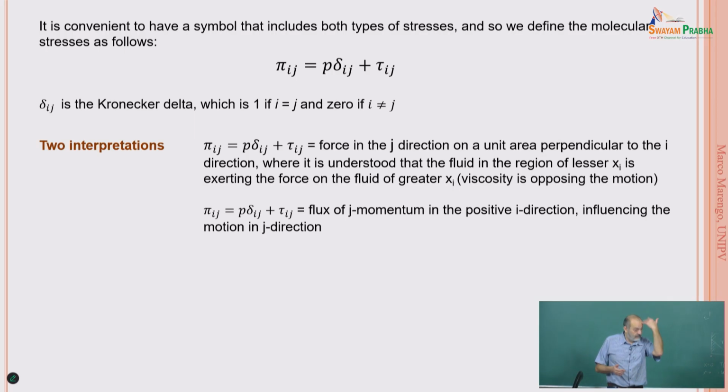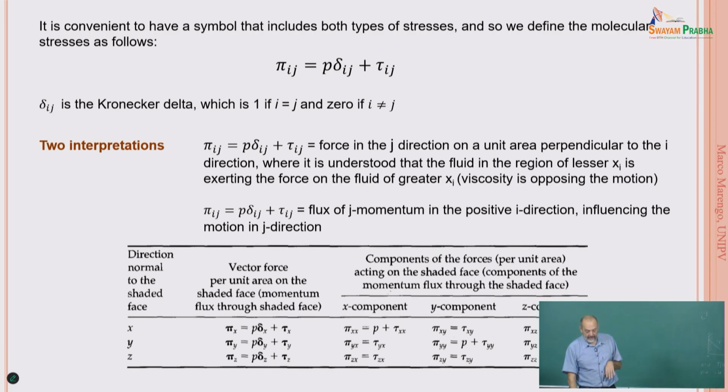In fact, there was a minus, I forgot to say, because the force is going against the motion. So when you have a very viscous fluid, it is opposing the direction of the motion. And then another way to say it is that pi ij is nothing else than the flux of the j momentum in the positive i direction.